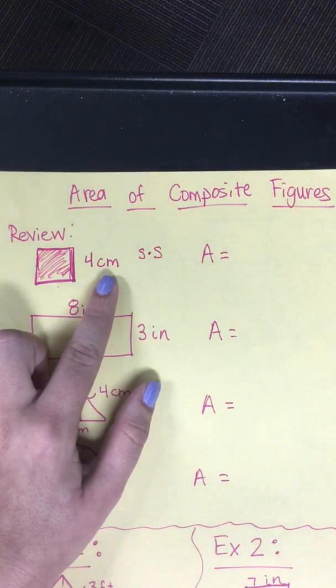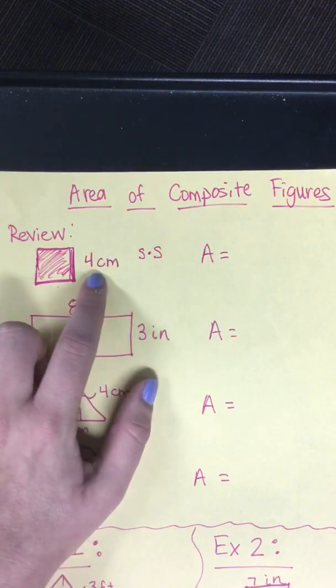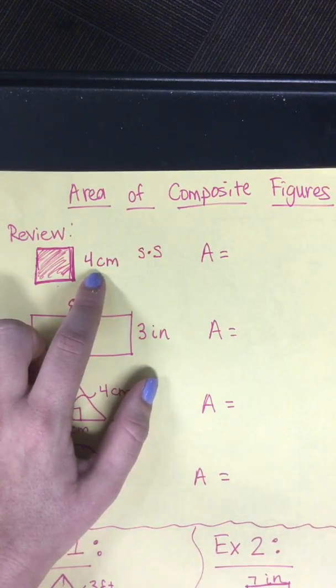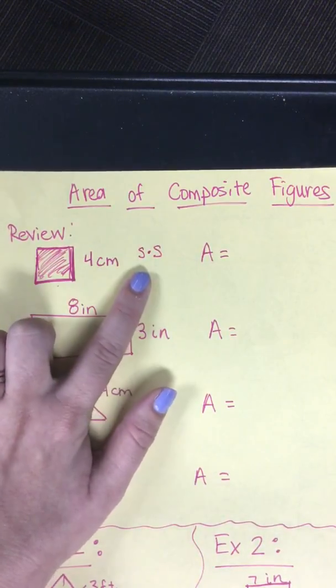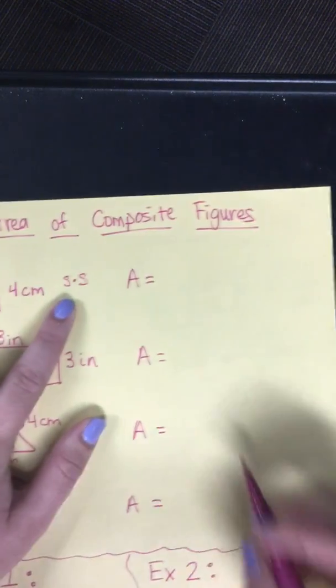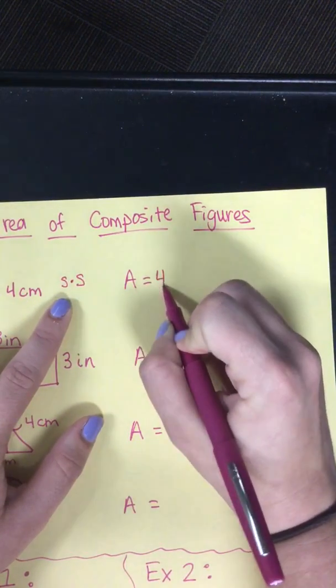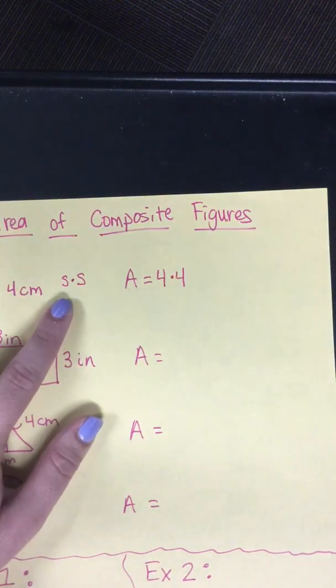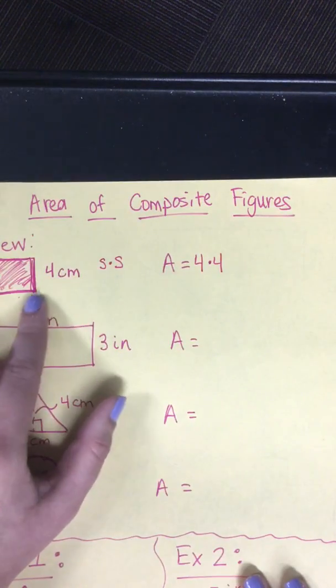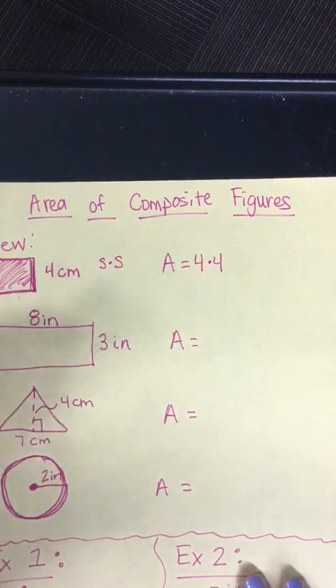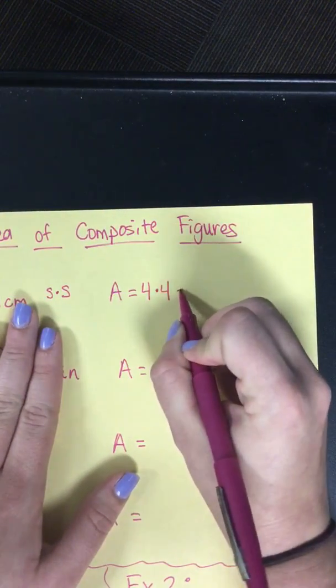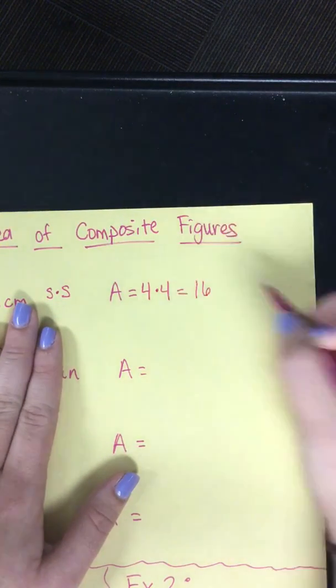In other words, we're going to take whatever number we have right here, and we're going to multiply it by itself. Okay? So the area of this square would be 4 times 4. Side times side. Every side is the same. 4 times 4 is equal to 16.